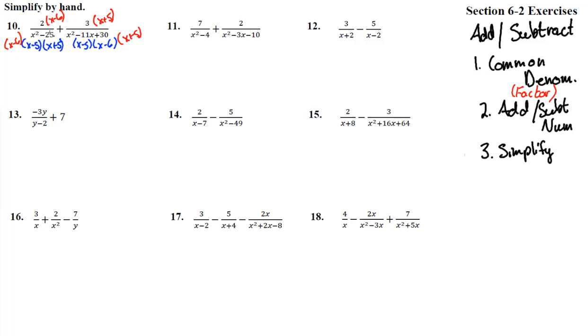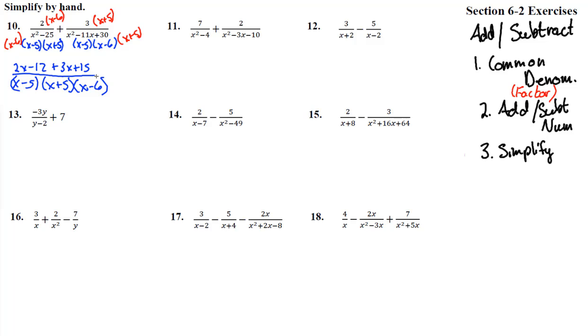There we go. And so when we multiply those two together, we get 2x minus 12 plus 3x plus 15, all over the common denominator of x minus 5 times x plus 5 times x minus 6.